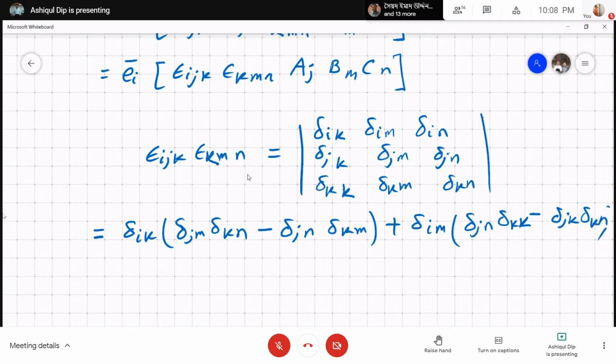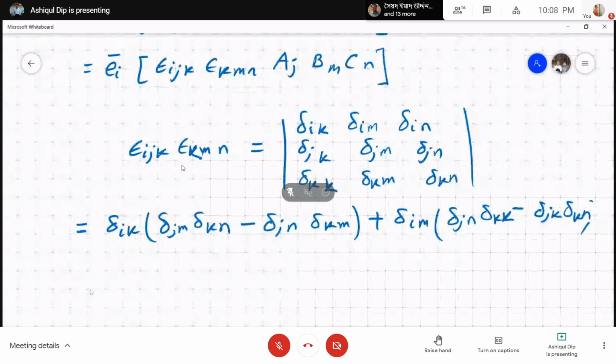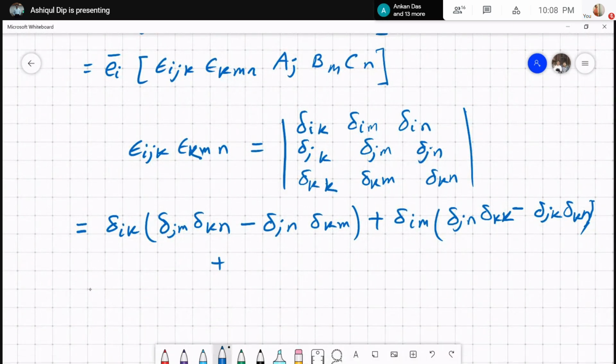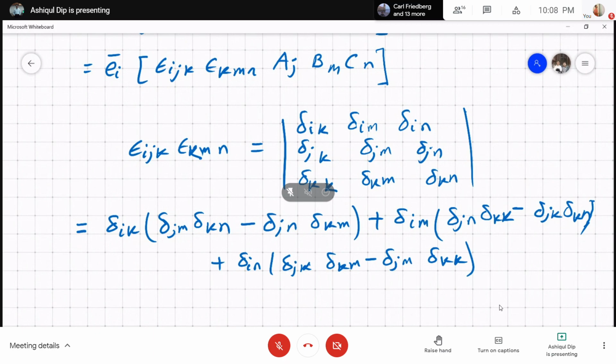Then another term is delta in, delta jk, delta km, minus delta jm, delta kk. This is what we got so far.